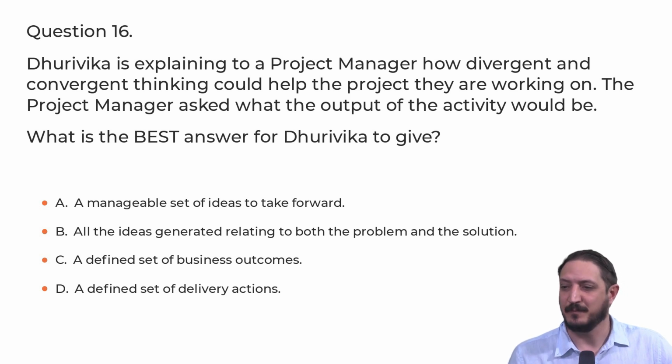Now if we look at A and B, B says all the ideas generated relating to both the problem and the solution. So this is incorrect, because what we are really looking for with design thinking or divergent and convergent thinking is we're mainly looking for solutions.